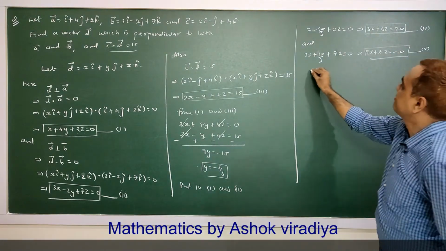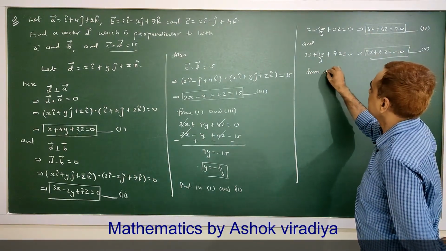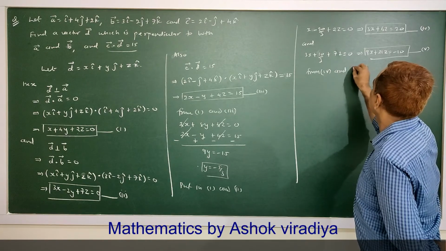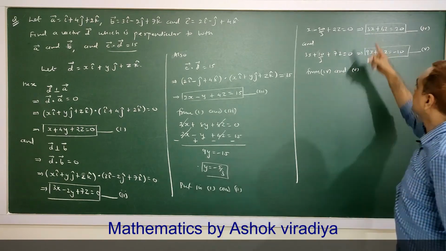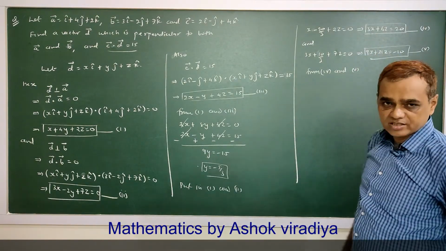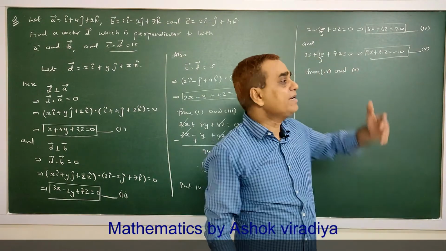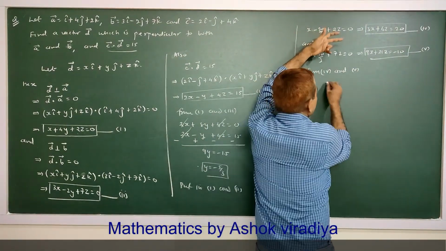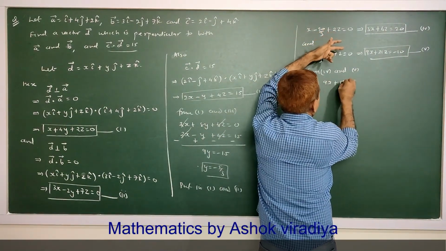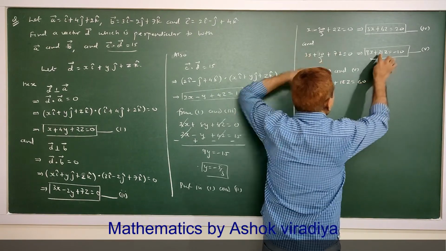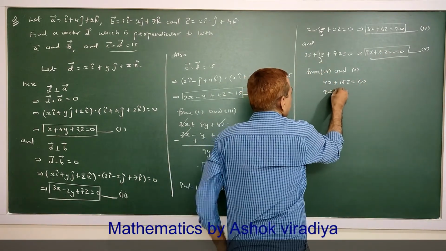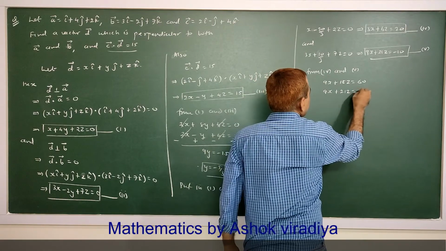So from 4 and 5, I am multiplying equation 4 by 3 so that x can be eliminated. Multiplying by 3, 9x plus 18z is 60. This equation I keep as it is: 9x plus 21z is minus 10.